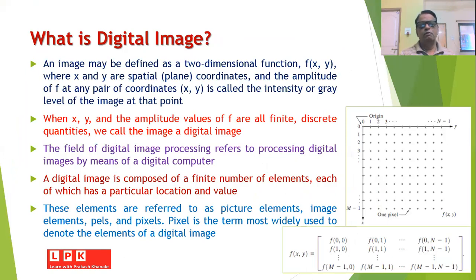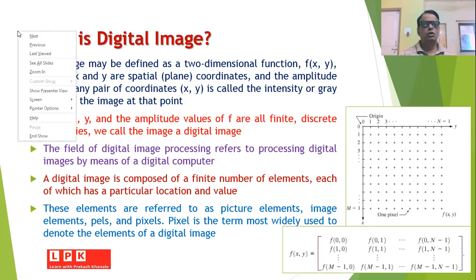Now we know that whenever we think of a digital image, the digital image can be given by a two-dimensional function f of x comma y, where x and y are the spatial coordinates, or they are called the plane coordinates. And this function f will return a value, and this value corresponds to the intensity of the different pixels from which the image is constituted.